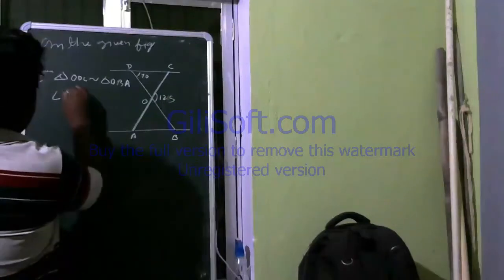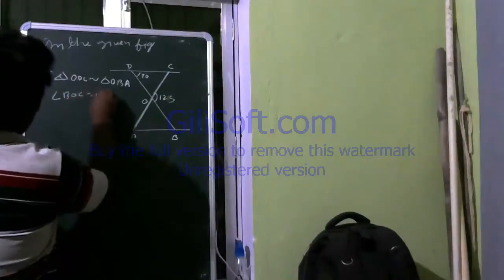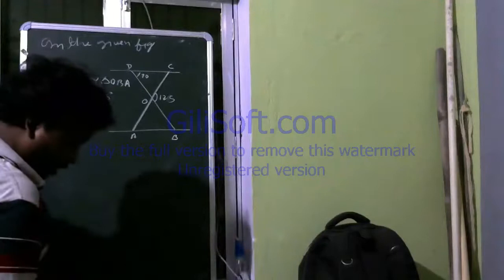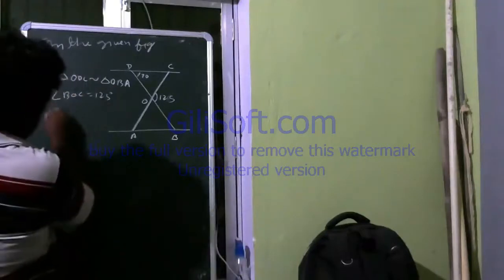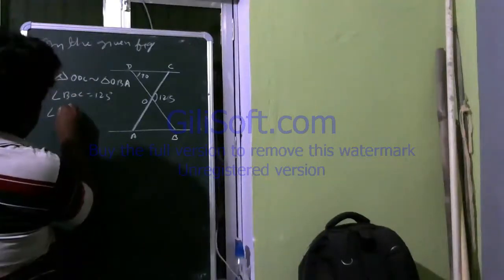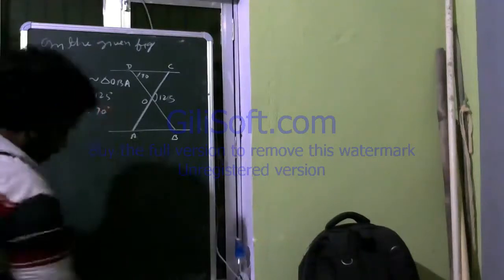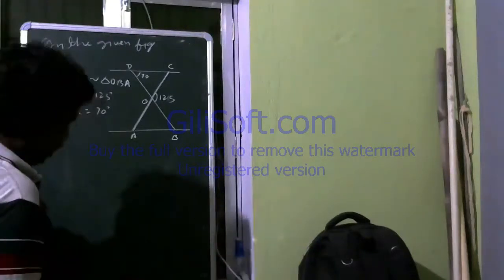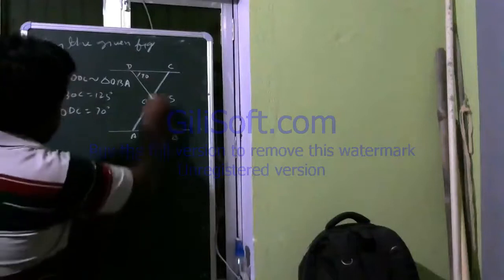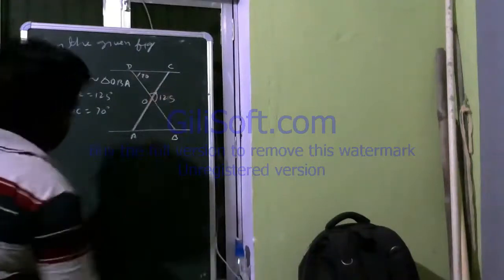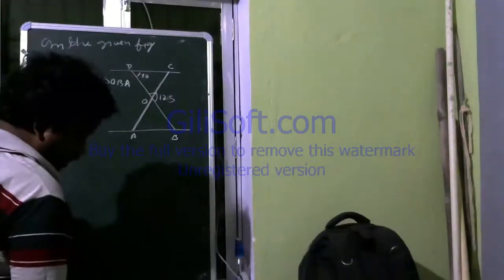Angle BOC is equal to 125 degree, and angle ODC is equal to 70 degree. Find DOC, this angle, DCO.